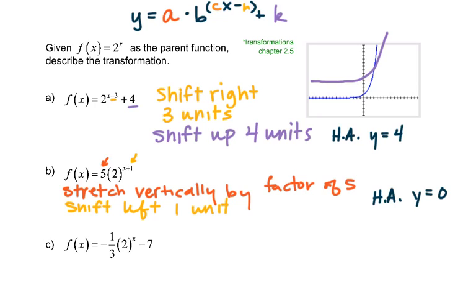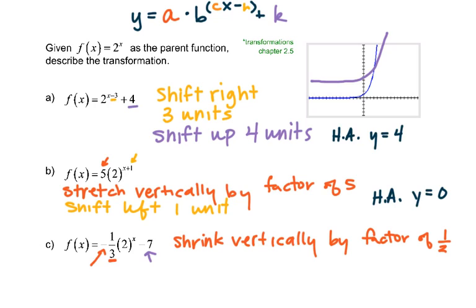And then, for example C, we have 1/3, which is also negative, and a minus 7. So what that 1/3 does, it's going to shrink vertically by a factor of 1/3.